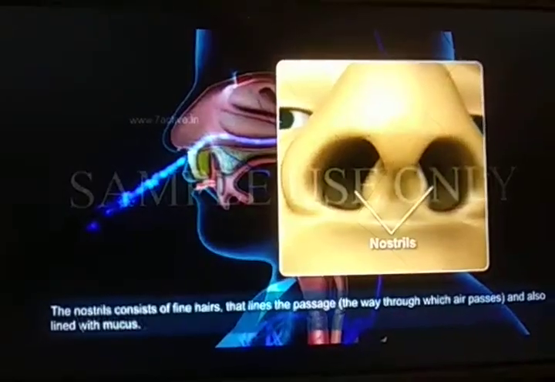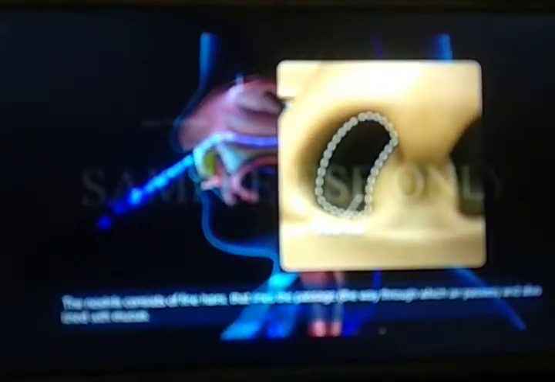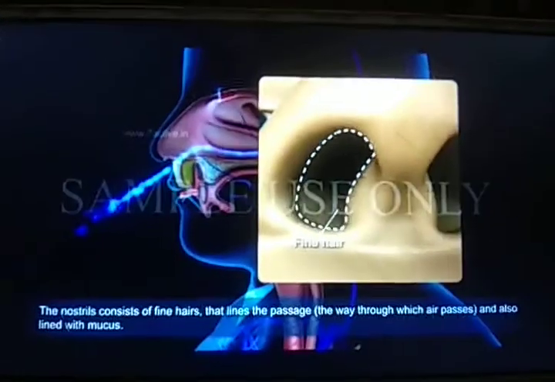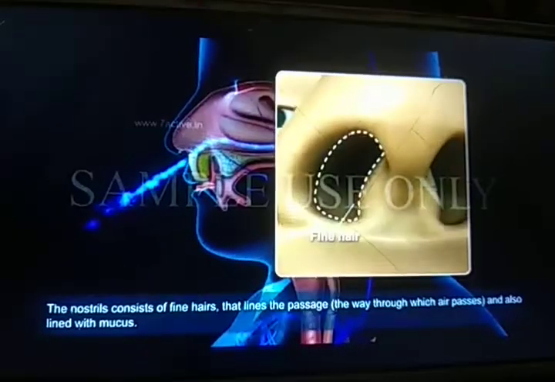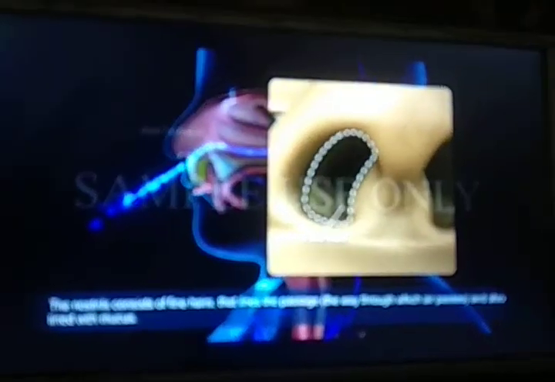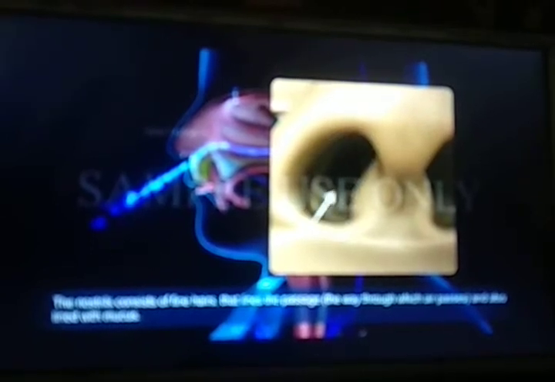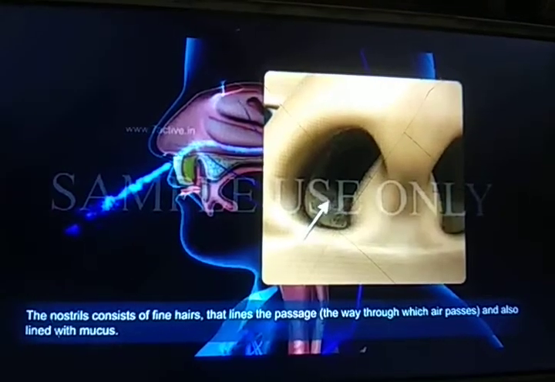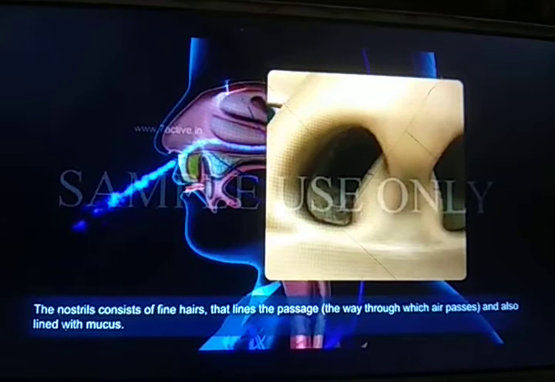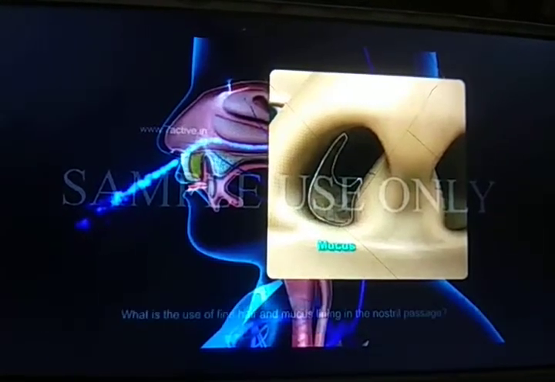See, air enters through our nostrils, and the nostril consists of fine hairs that line the passage, the way through which air passes, and it is also lined with mucus, as shown in the diagram.